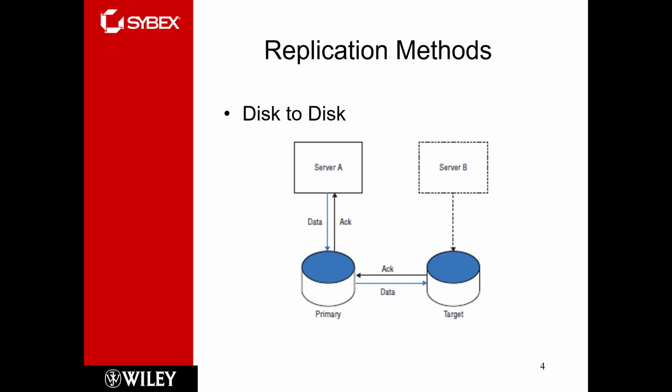We also have replication. Replication is not the same as a backup. A replication is a duplicate of data at a given time. So server A and server B, for example, may share a primary data set. Well, a backup of that would be a snapshot at a given time, and we're going to keep doing snapshots.